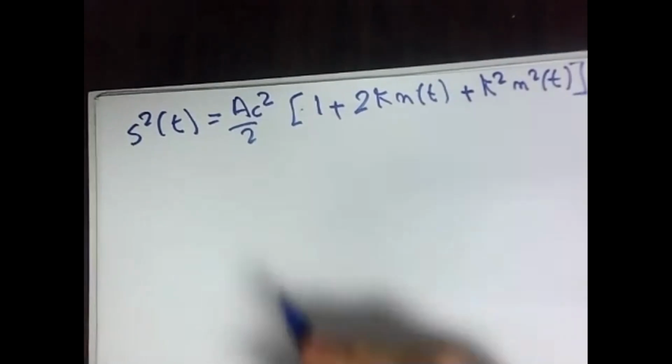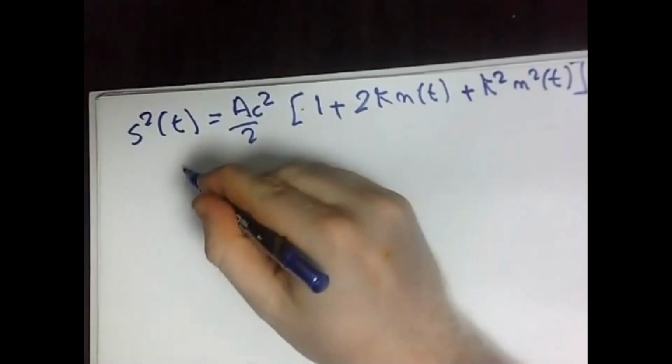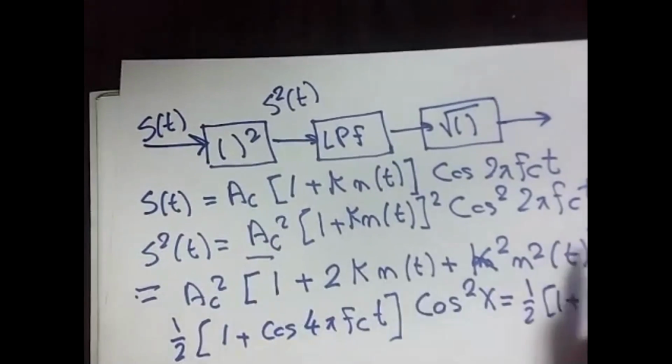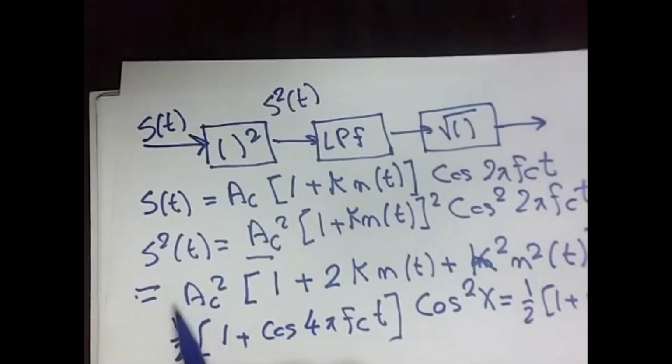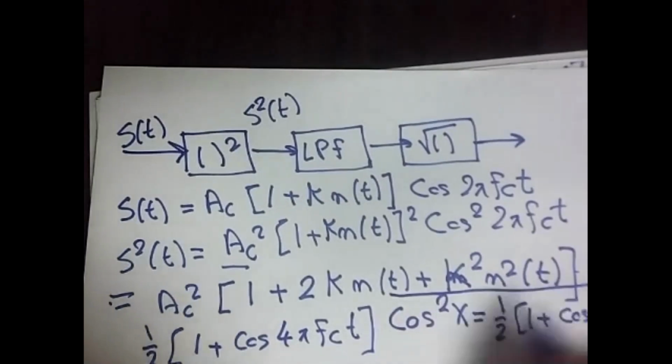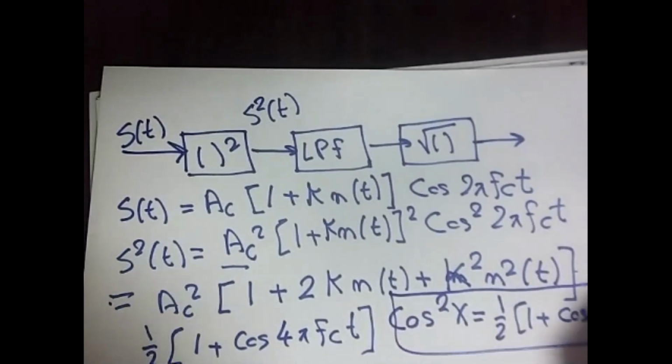This is the first bracket, and then all these plus. Now I'm just multiplying this term by 1, and I have it here. Now I will multiply this term by the cosine, just to avoid any misunderstanding.